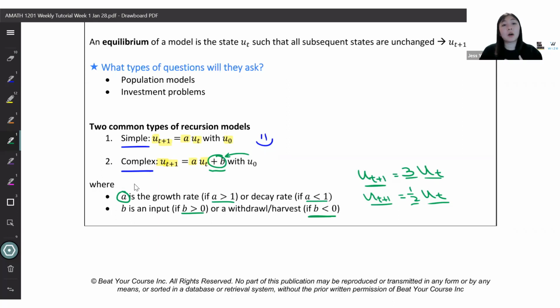Whereas if I'm talking about a population like fishing, minus 500 means that I'm taking out 500 from the fishing pond or whatever that is. So B is always either an input or a withdrawal from your population, from your big group. A is always the growth and decay rate.